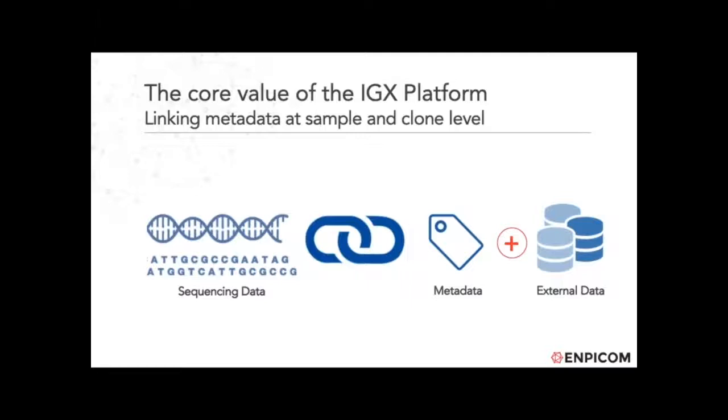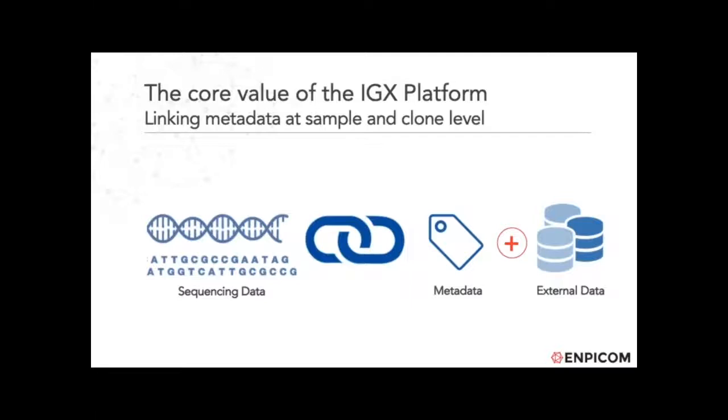So I think we really thought through how we can actually make this link efficient and simple for users to adopt and use. And not only did we want to link the sequence and the metadata, but also external data. We wanted to link, for instance, other experimental results like ELISpots or whatever other things, for instance, affinity that you are measuring in the lab.